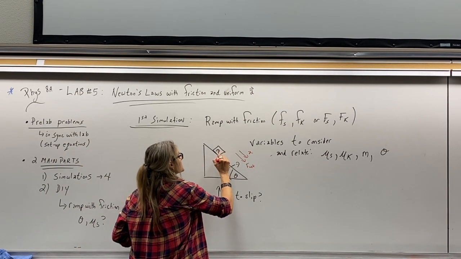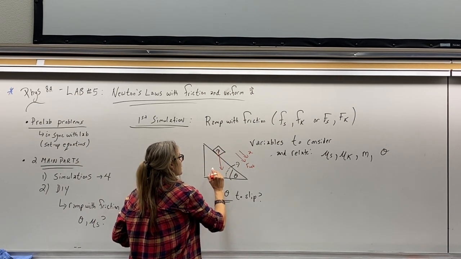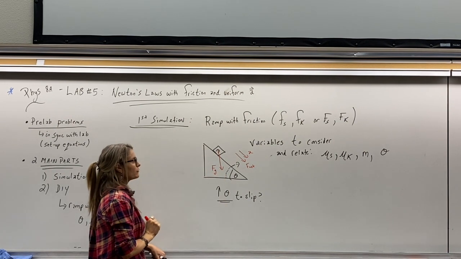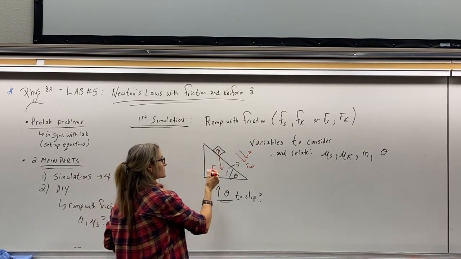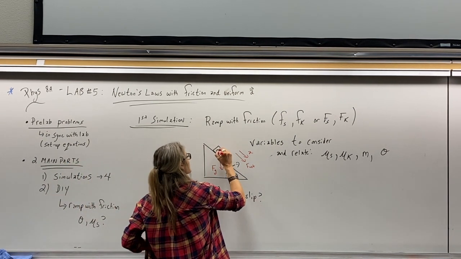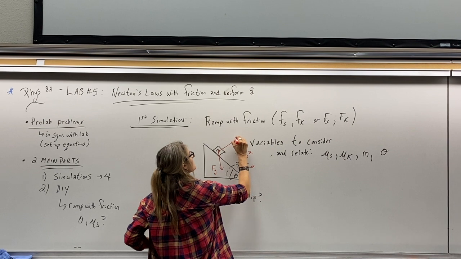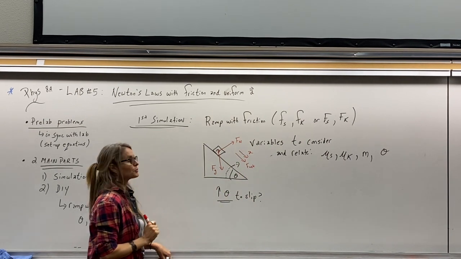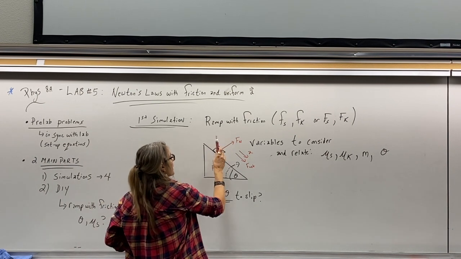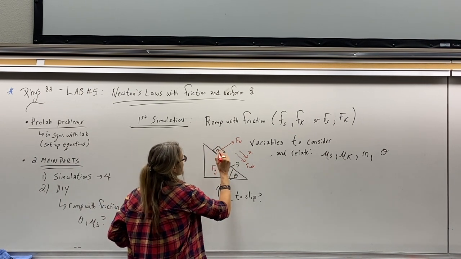What we know is we'll have the weight force, Fg, the weight force acting on the mass, or a lot of times they use W for weight. We have the normal force perpendicular to the surface, okay? And then we also have kinetic friction.